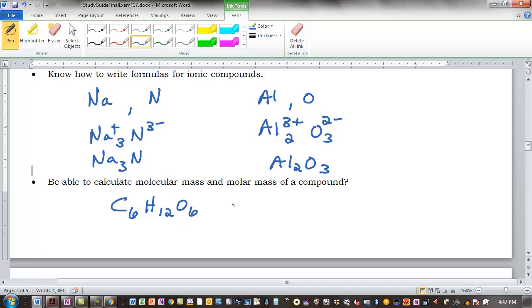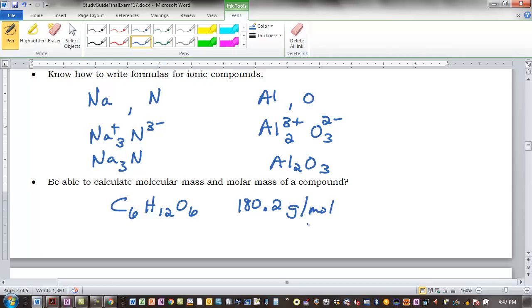If you do that correctly you should get about 180.2 or so. If you carry more sig figs, it would be a little different, but just add them up.